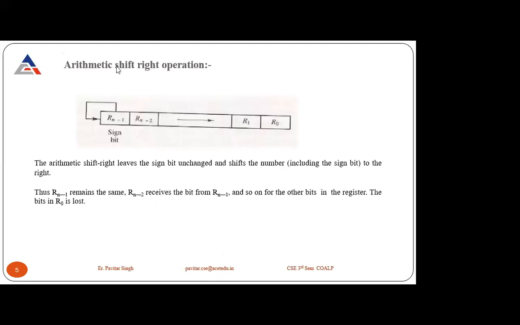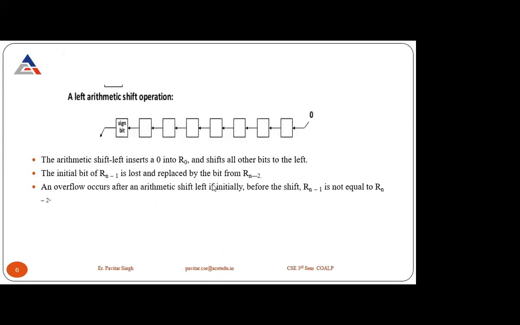This is your arithmetic shift right operation. We have already discussed it. Next we have the arithmetic shift left operation. Here the arithmetic shift left inserts a 0 into the R0 position. So this is your R0 position, R1, R2, and so on up to Rn minus 2 and Rn minus 1.